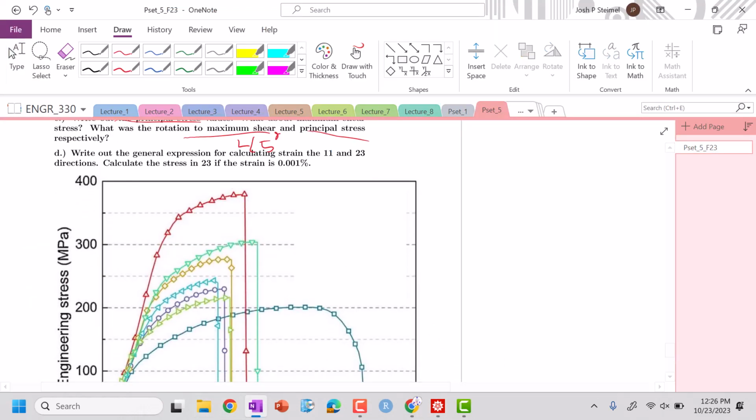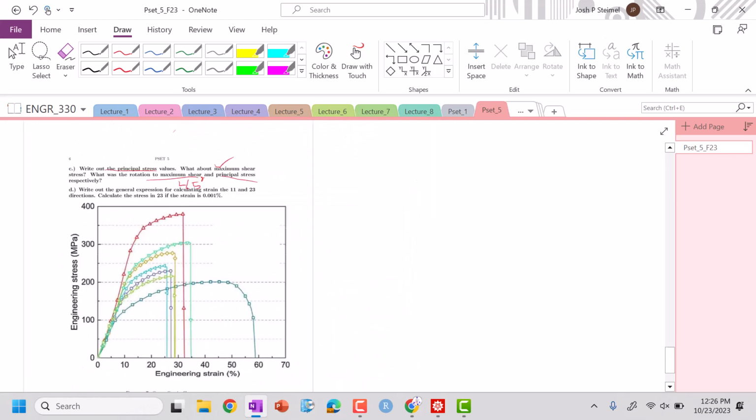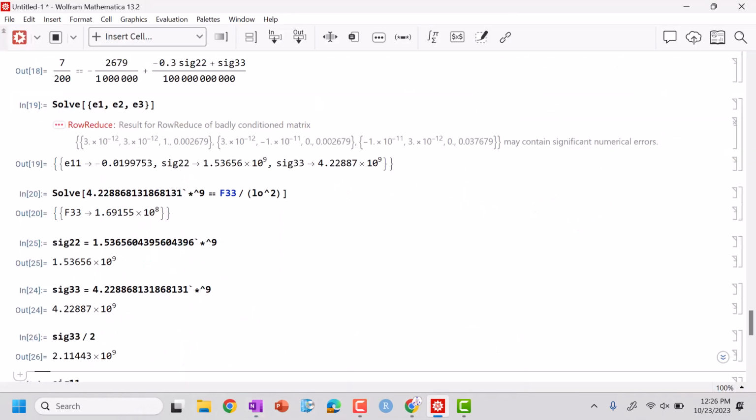Write out the expression for calculating the strain in the 1-1 and the 2-3 directions. So we already wrote out the 1-1. E2-3 is equal to 1 over E times 1 plus nu times sigma 2-3. Calculate the stress in the 2-3 if the strain is 0.001%. So we could go ahead and solve that.